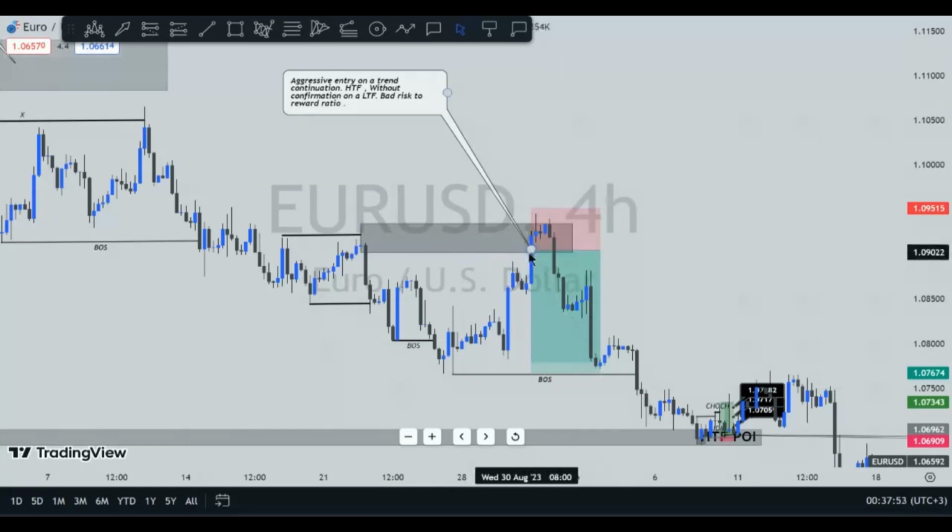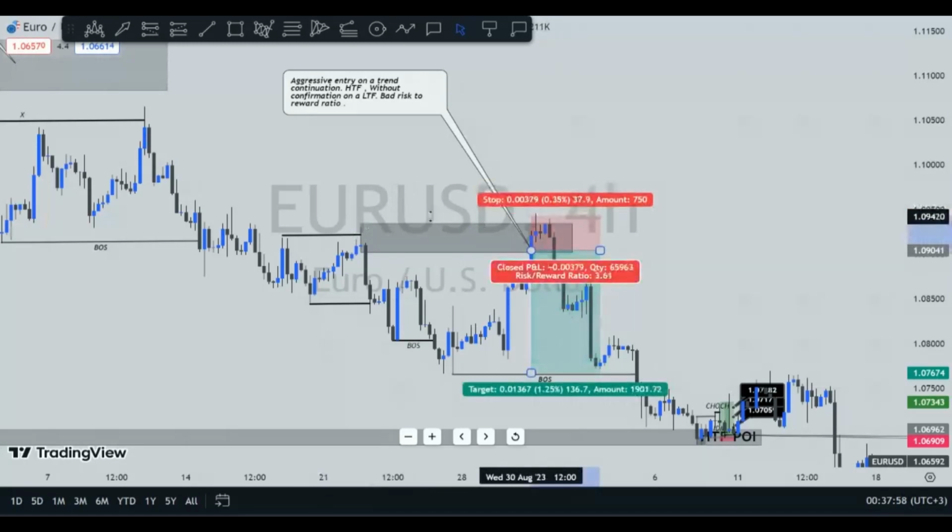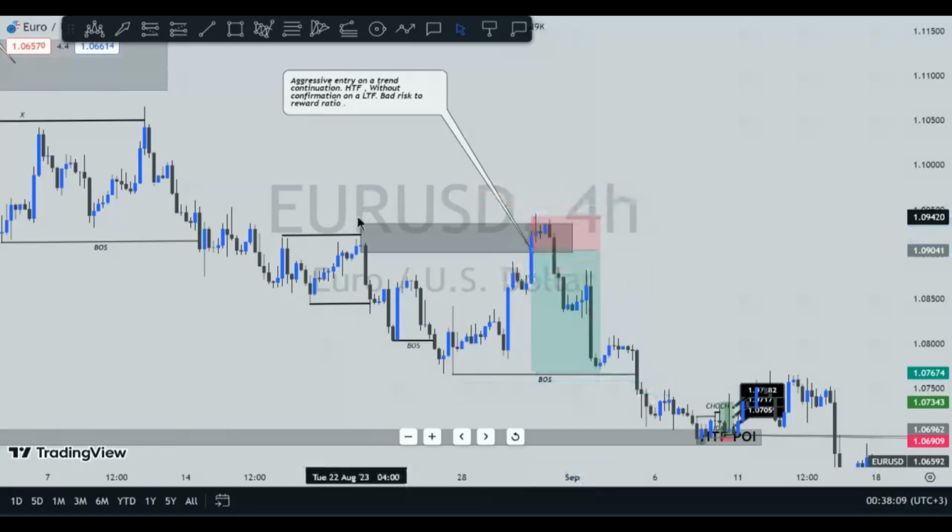Now if you enter this trade aggressively, you might lose, because if you put your stop loss just right above this, price might hit the stop loss.